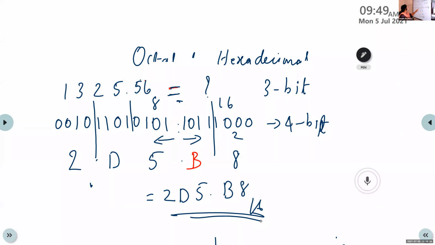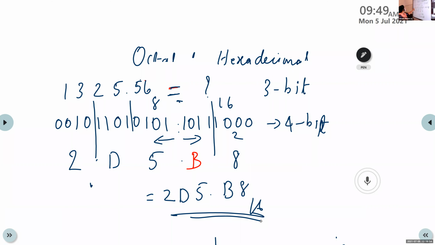For whole numbers, that is the numbers before the fractional part, we group from the fractional point backward, and for the fractional part we group from the fractional point forward. So I group 1, 2, 3, 4. This is the first group, then second group, and the third group.